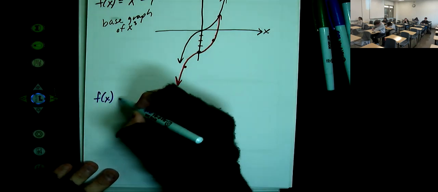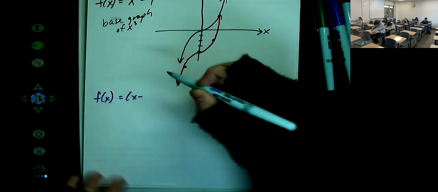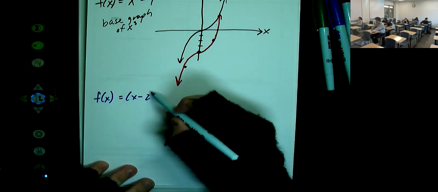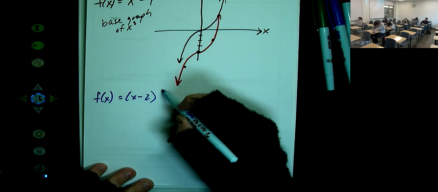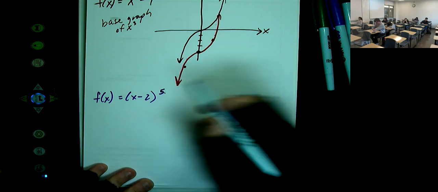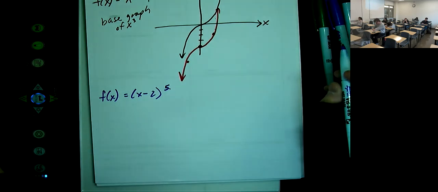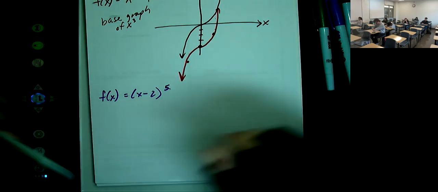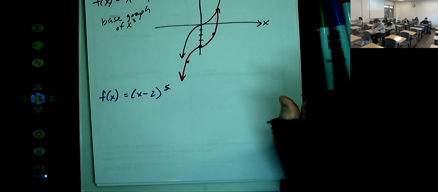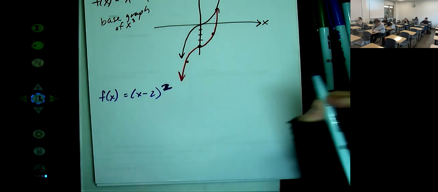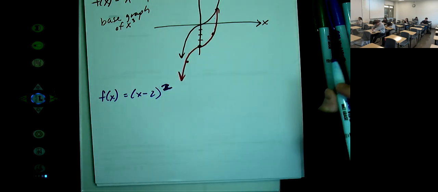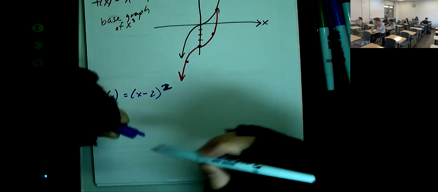If we have x minus 2 to the 5th power, let's make it squared. It's really hard to see the difference between the 5th power, the 3rd power, and squared.